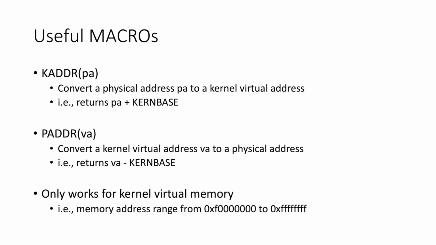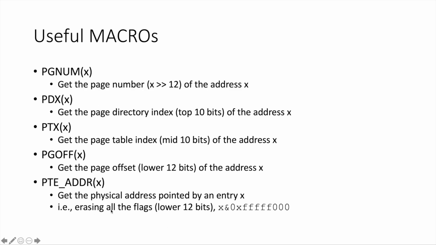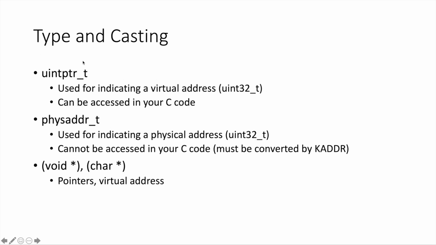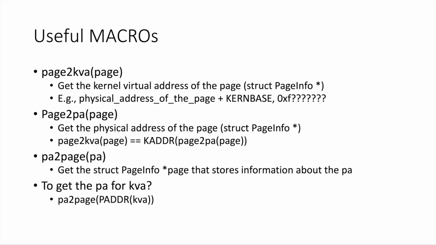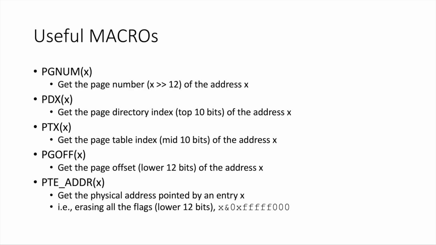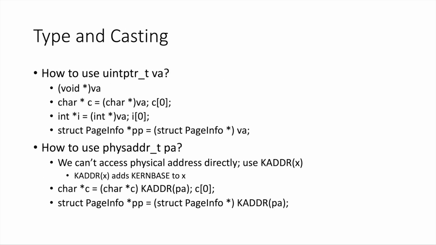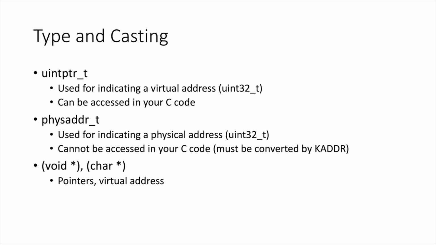So please read about each macro and its description, and also each item of the type and casting, and use them wisely. And I believe that you might want to come back to refer to some of the macros and some of the type information while finishing Lab 2.